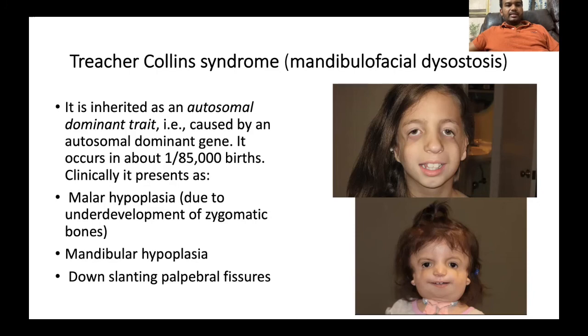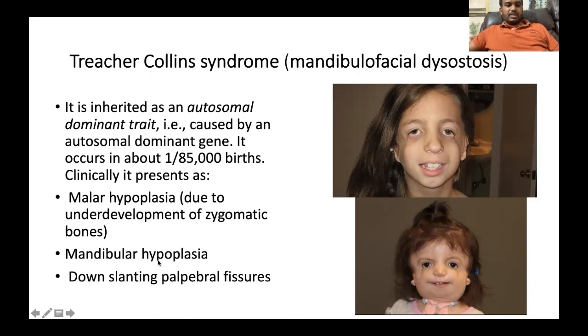Clinically, Treacher-Collins syndrome presents with malar hypoplasia due to the underdevelopment of the zygomatic arch or zygomatic bones, and mandibular hypoplasia.